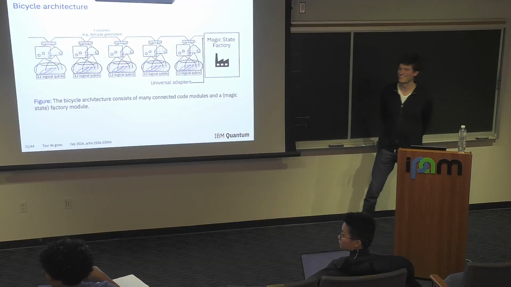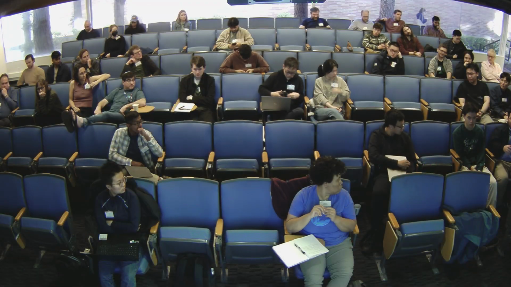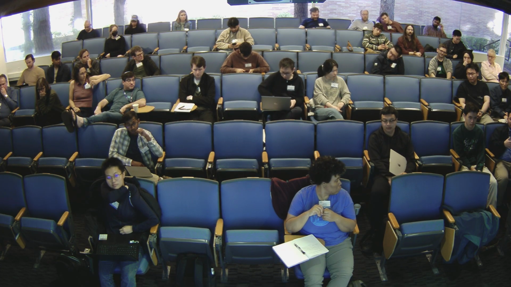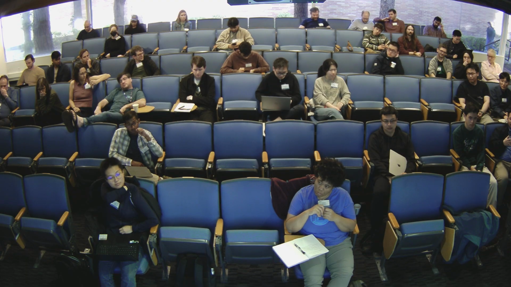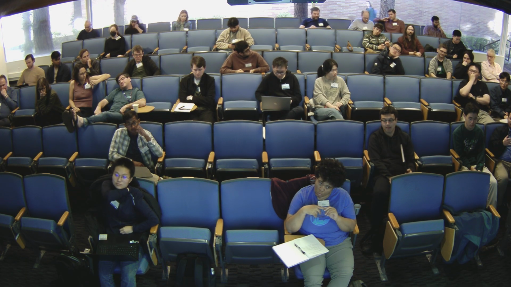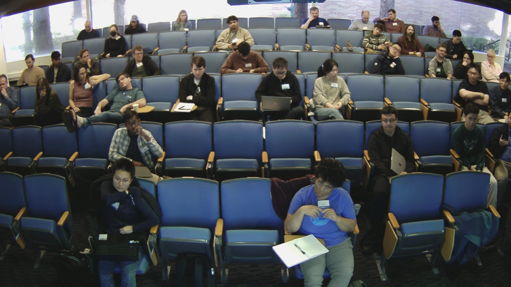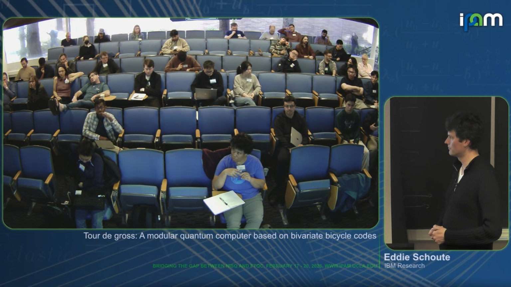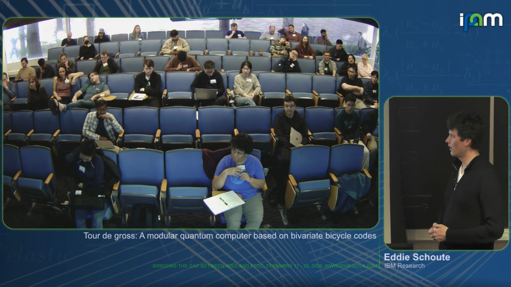Another question. It seems that the code is something relatively well understood, right? But this ancilla system seems like it's up to change. Do you really fabricate it, or is there some sort of interface you can slot it in and change the design and slot another one in?